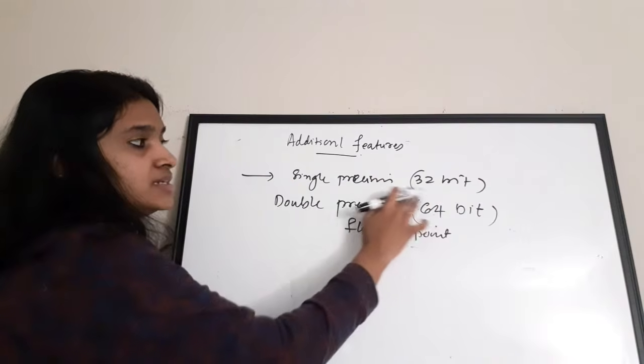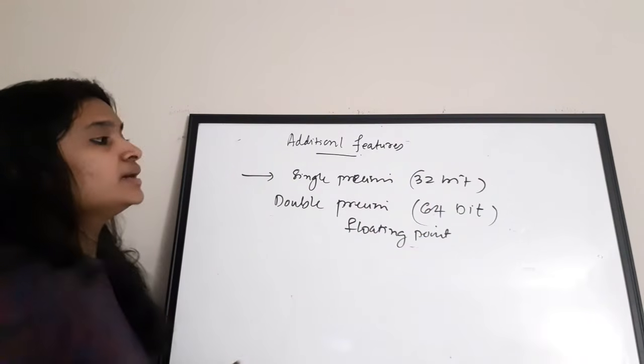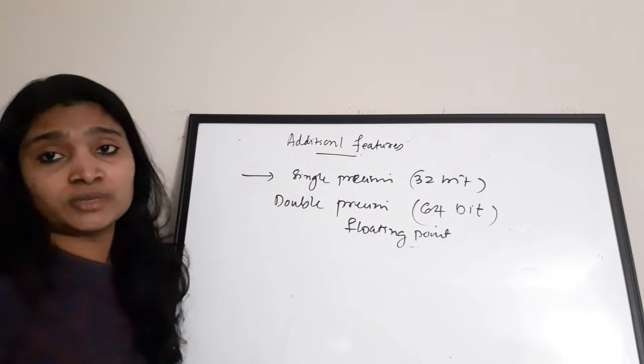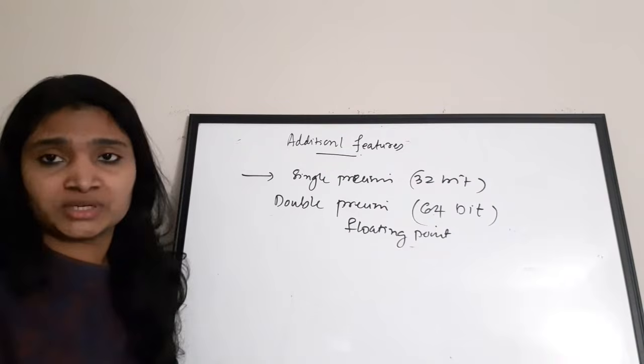Single precision means it allows 32-bit operations and double precision means it allows 64-bit operations.